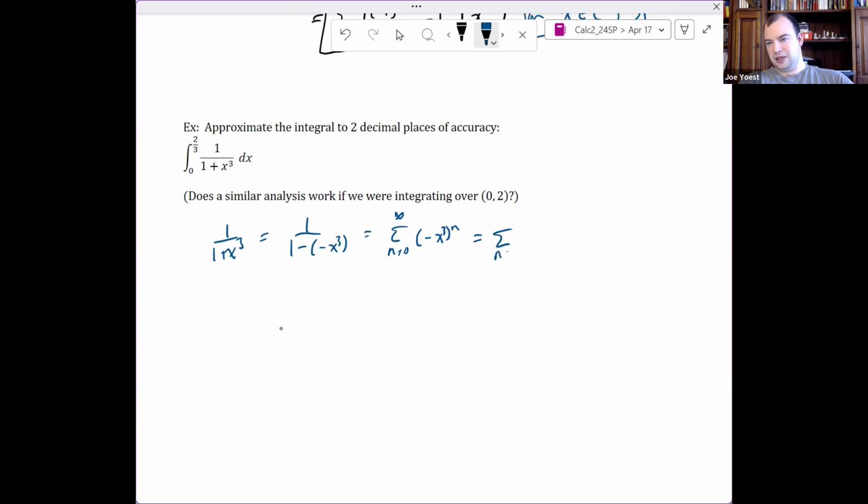Or this is the sum n equals 0 to infinity of negative 1 to the n, x to the 3n. What's my interval of convergence here? Well, with this x cubed, I don't have any divided by 2 or times 3 or anything like that. So I'm just going to have x in open minus 1 to 1.